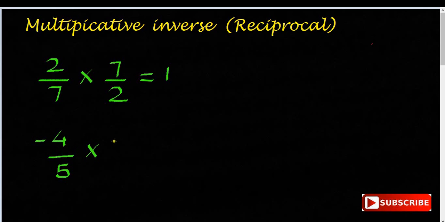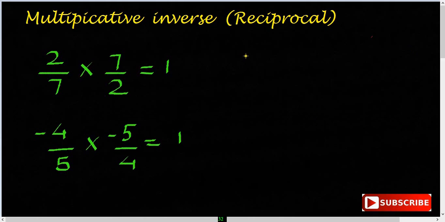That's why if it is minus 4 upon 5, don't forget to write minus. It will be minus 5 upon 4, because minus and minus will become plus, and all the other numbers, 4 and 4, 5 and 5, will get cancelled and you'll get plus 1.